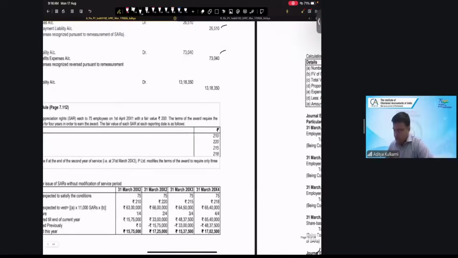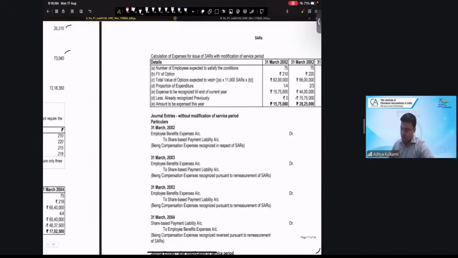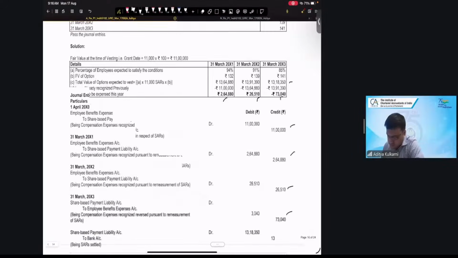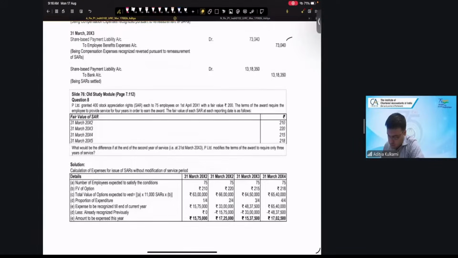This is interesting in the sense they have shortened the years of service. P Limited granted 400 SARs each to 75 employees on 1st April with a fair value of 200. The terms of the award require the employee to provide service for 4 years in order to earn the award.